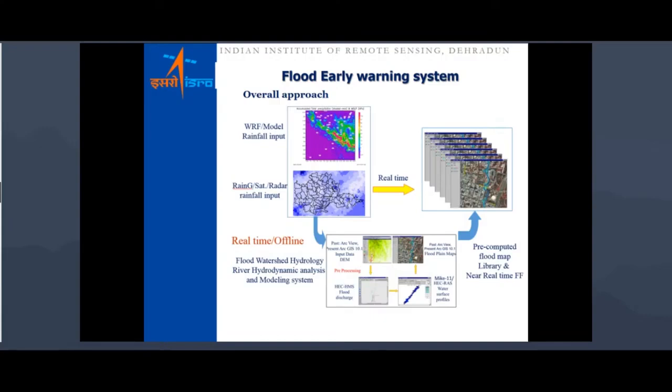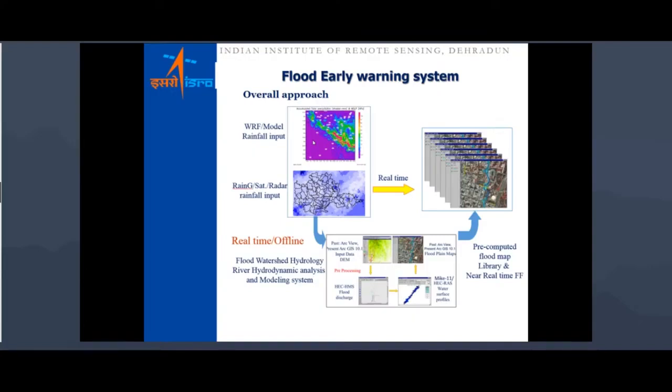So the prediction of rainfall is one of the most important. We get that using different models like the WRF model, the Weather Research and Forecasting model, or IMD is really doing well, and they are providing the next 3 days' data to us. Once they provide the data, let us say today the date is 15th, so for 16th, 17th, 18th, I will get the rainfall data of that area.